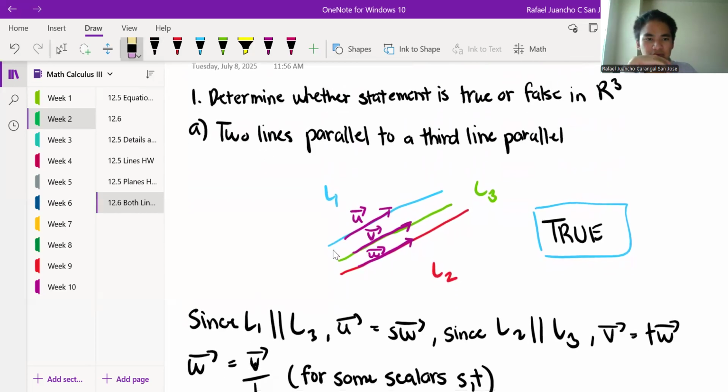Oh, wait, we didn't complete it. Are parallel. Okay, I'm starting to get it bit by bit.